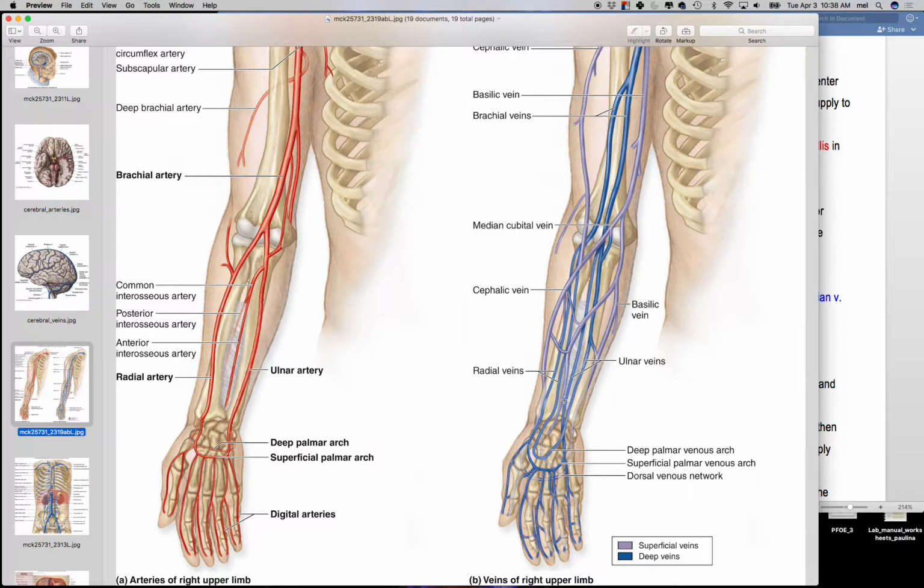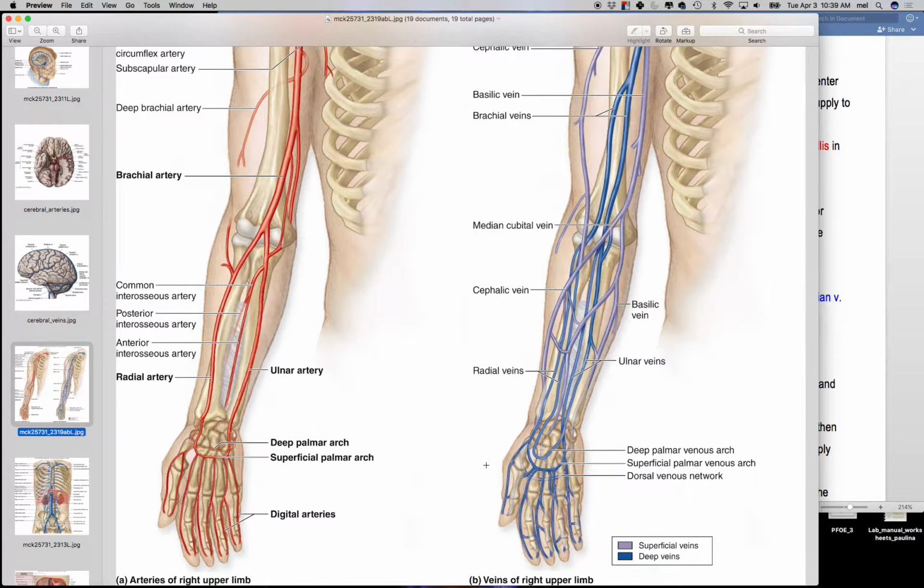Even though they color code them light blue versus dark blue, it still is kind of hard to see the difference between them. So I think a better place to see this would be either on the cadaver or, for the hand ones, we've got those $4,000 Wireman models. You can see any vessel on those that you want to. You can see the two loops, you can see everything.